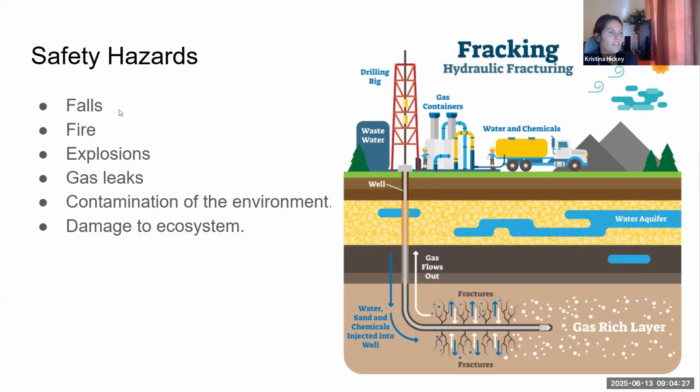But basically, you can have falls, fires, explosions, gas leaks, contamination of the environment, damage to the ecosystem. A lot of these other safety hazards you'll have in other engineering, especially chemical. However, contamination of the environment and damage to the ecosystem, I think those are more specific to hydraulic fracturing. And we actually did demonstrate contamination of the environment for our particular lab.